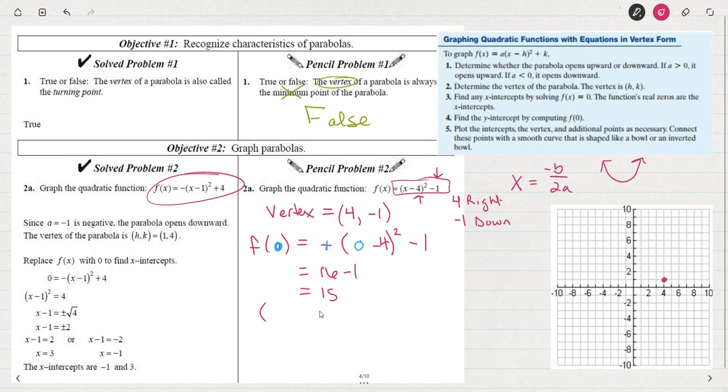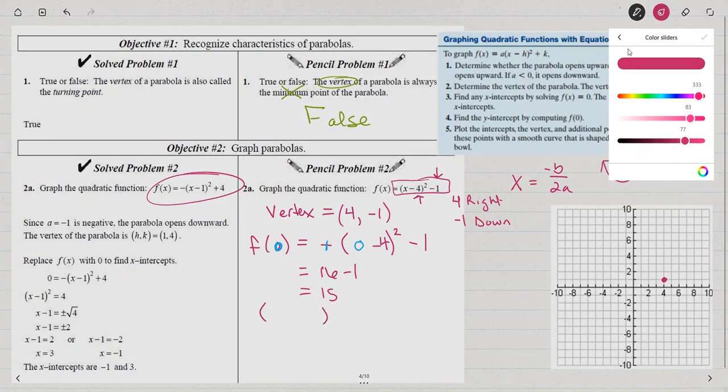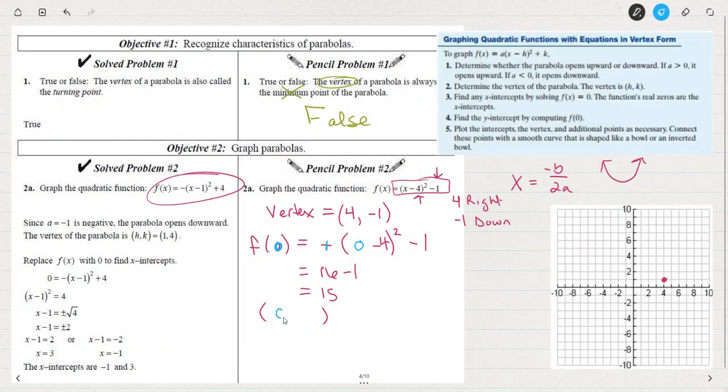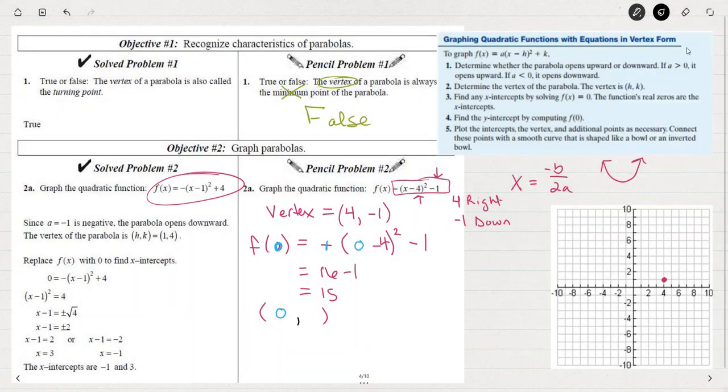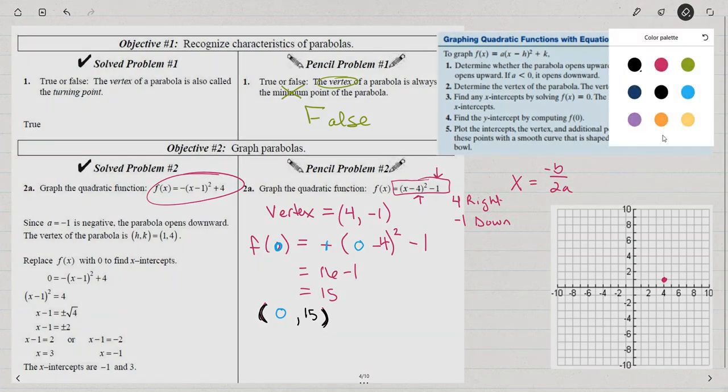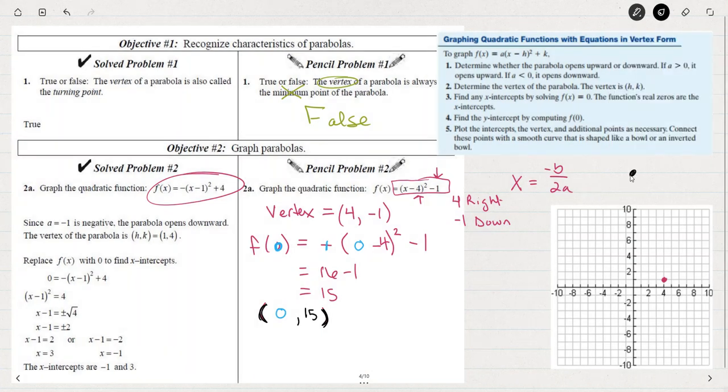So we have this second point that when x is 0, y is 15. So that's going to be off of our chart slightly. 11, 12, 13, maybe about here. If we continued this chart, we could call that 15.